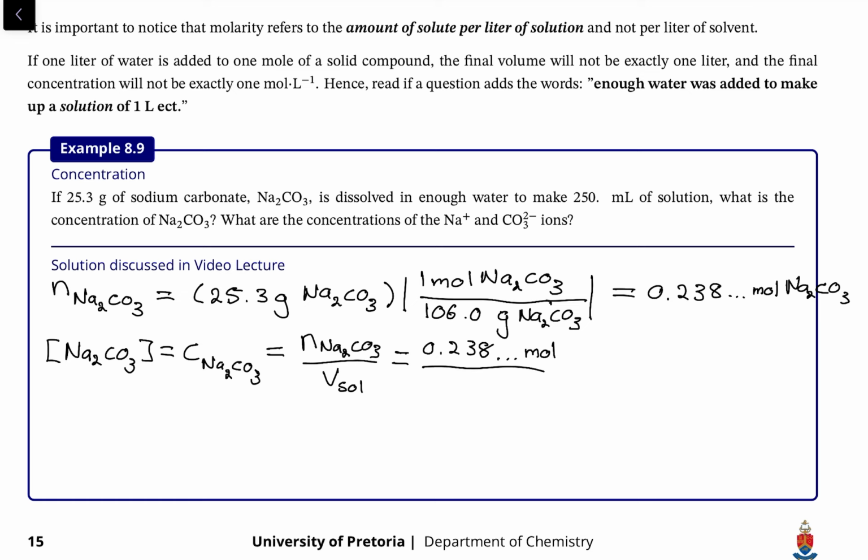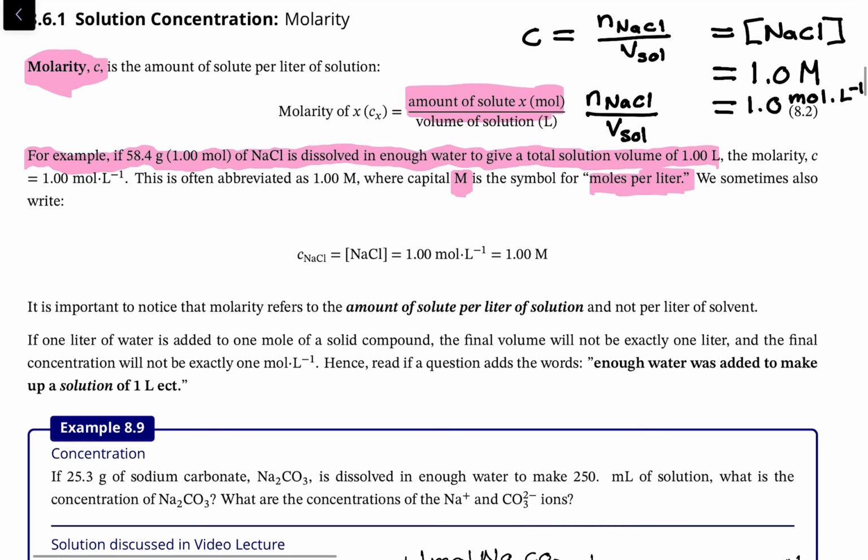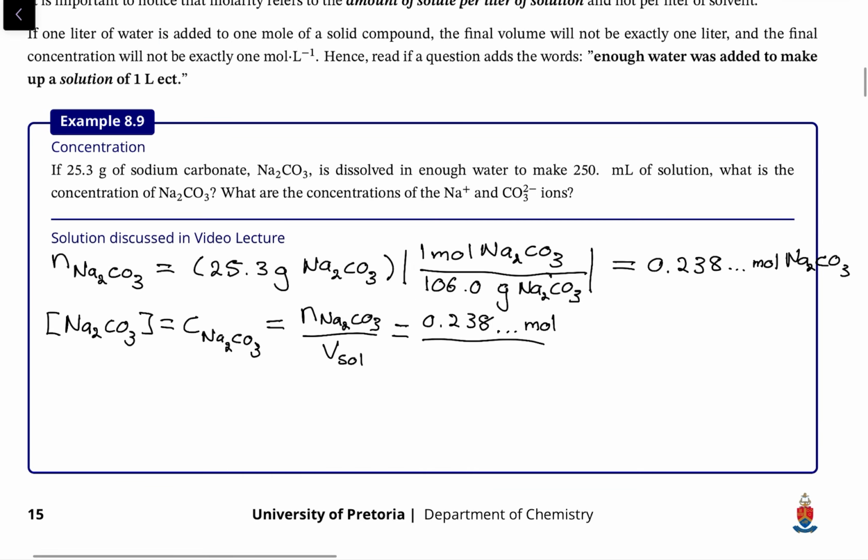divided by 250 milliliter, but we need the volume of solution in liter. So we remind ourselves that we want to get rid of milliliter and want liter. There are 1000 milliliter in 1 liter.